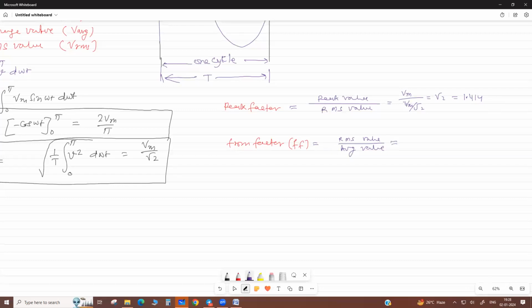Then this form factor is RMS value, which is VM by root 2, and this average value is 2VM by pi.